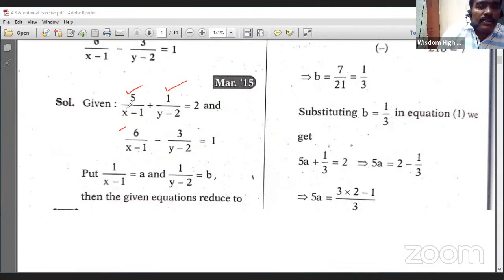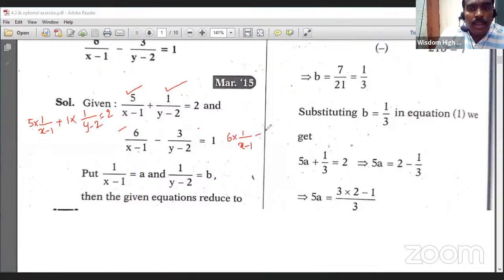That means this equation we can write like this: 5 into 1 by x minus 1 plus 1 into 1 by y minus 2 is equal to 2. This equation also we can write like this: 6 into 1 by x minus 1 minus 3 into 1 by y minus 2 is equal to 1.